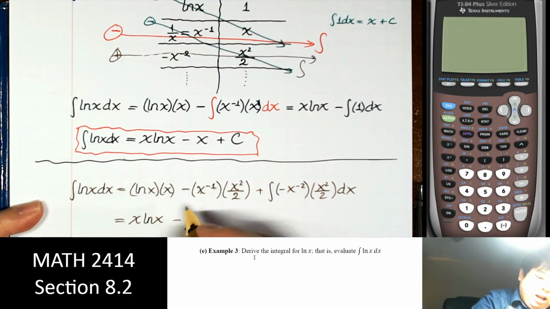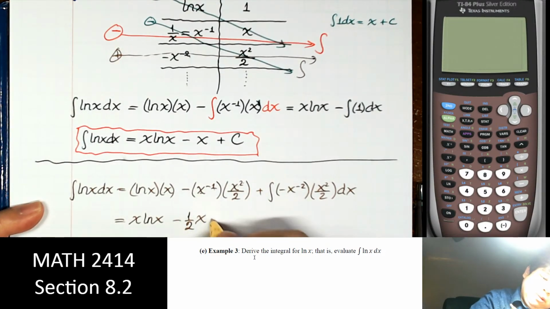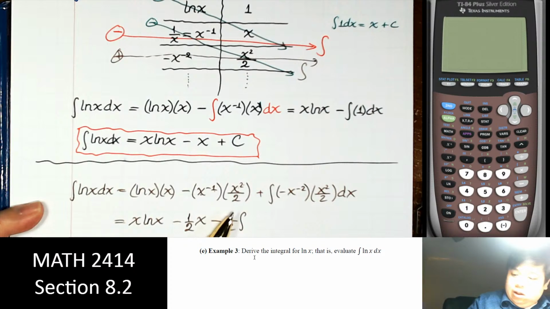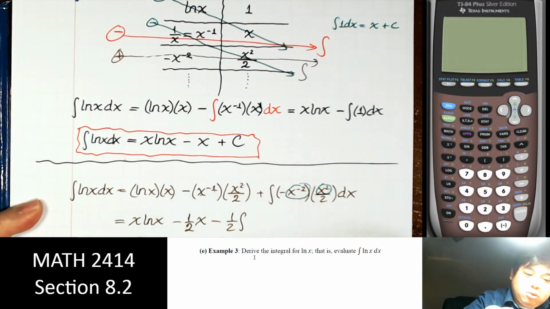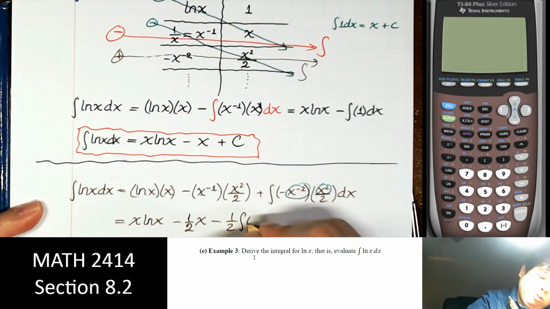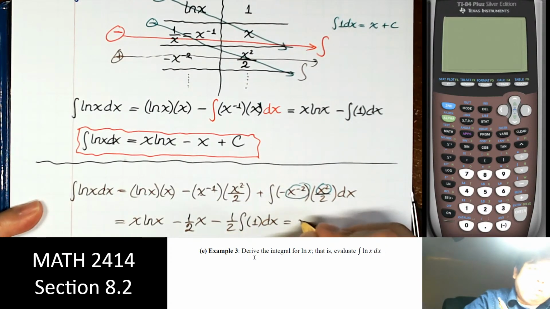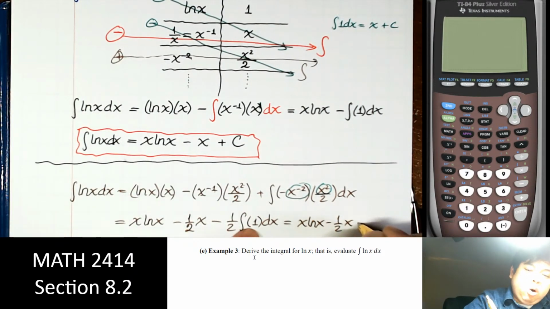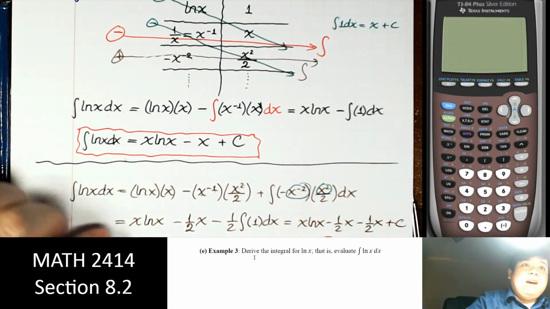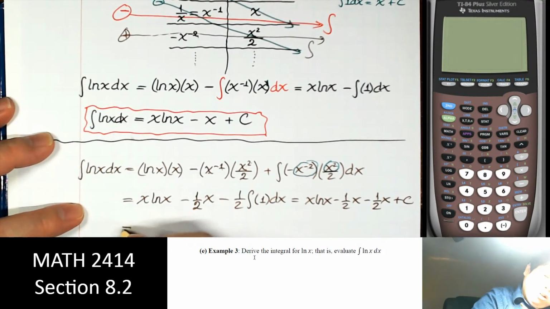Add the exponent, we have just 1. So we have x ln of x minus 1/2 x. The integral of 1 is also 1/2 x, and a half and a half is a minus 1.